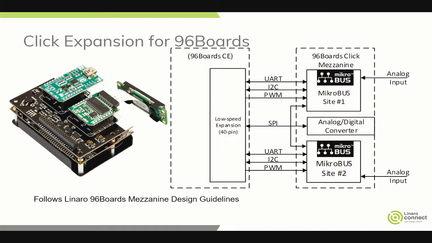So assuming that any board is built correctly, it should work. Specifically on the Click Mezzanine, you get 2 MikroBUS sites. Each of those are capable of UART, I2C, PWM, along with an analog to digital converter on the board to help with the A to D pin. And that's all through the SPI interface.